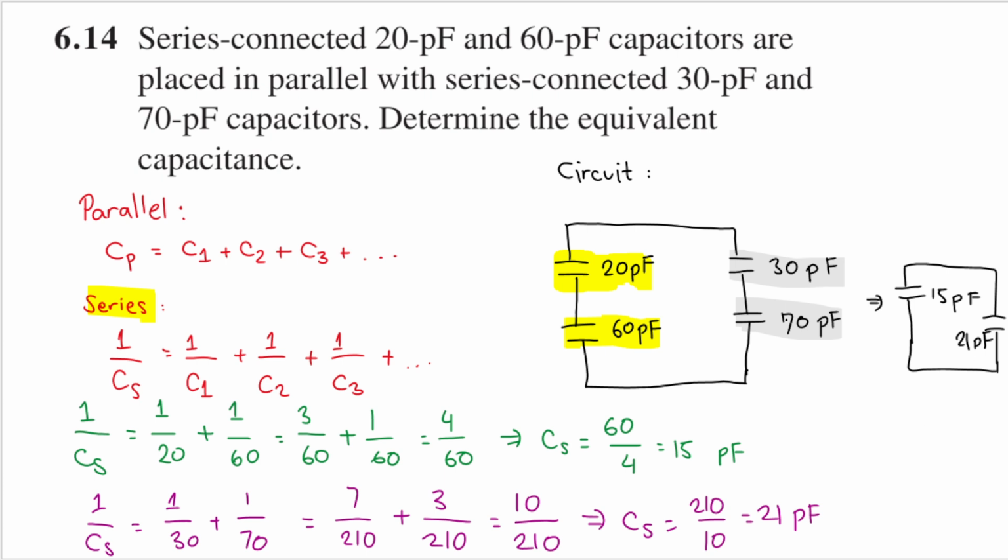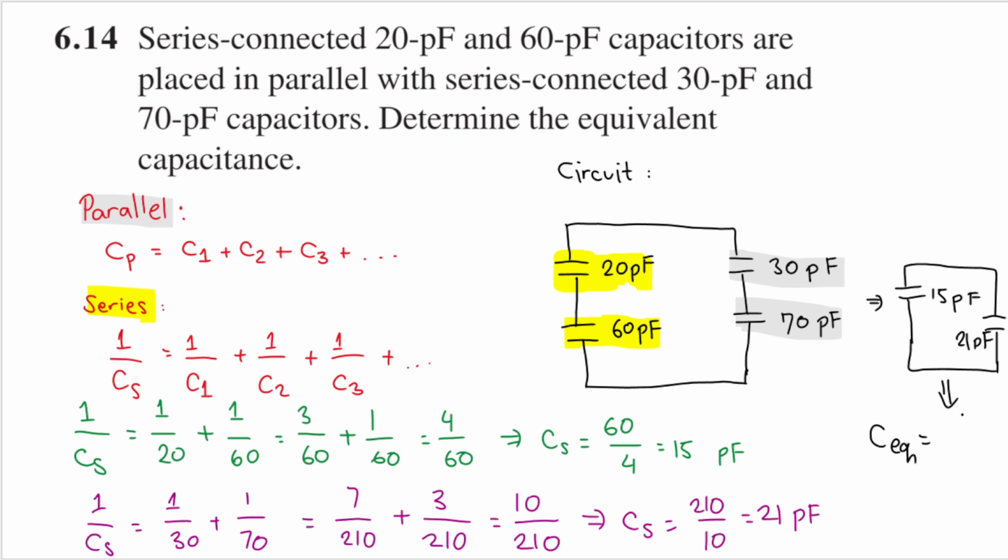But we need to calculate the total capacitance. Remember that we now have 15 and 21 in parallel, so we have the final C equivalent.